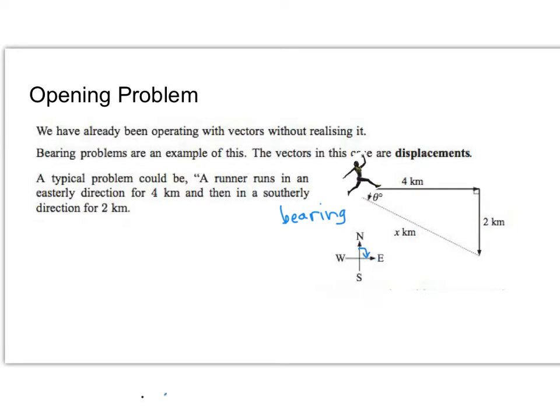If I'm traveling south, then my angle is 180 degrees because I'm halfway around the circle from north. And west would be 270 degrees, all clockwise from north.